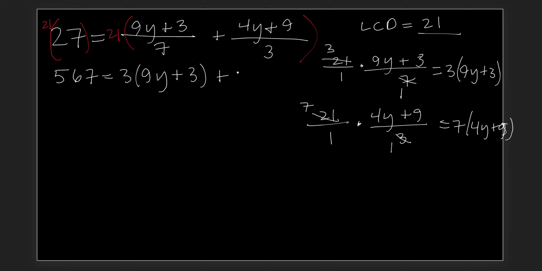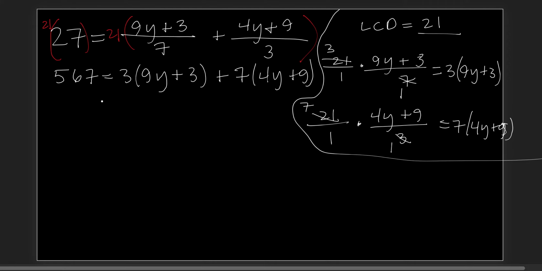And so we need to use the distributive property. So we have 567 equals 3 times 9y is 27y, and 3 times 3 is 9, and then 7 times 4y is 28y, and 7 times 9 is 63.